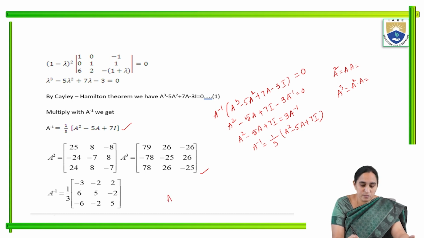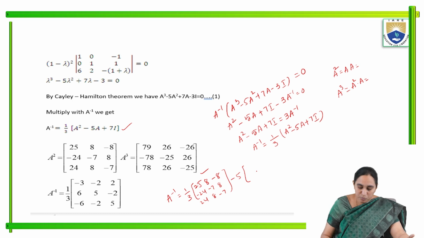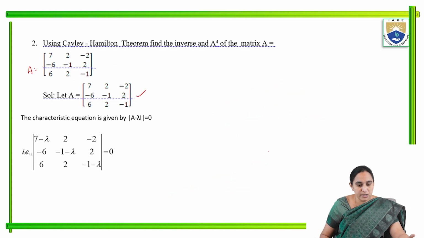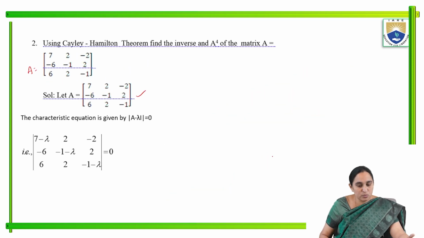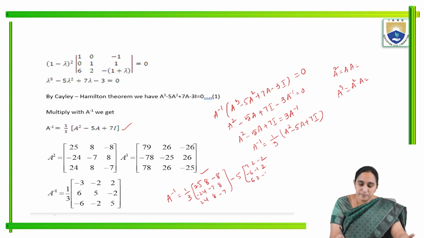That means here A inverse is equal to 1 by 3 into A square, which is 25, 8, minus 8; minus 24, minus 7, 8; 24, 8, minus 7; minus 5 into the A matrix, which is 7, 2, minus 2; minus 6, minus 1, 2; 6, 2, minus 1; plus 7 into 1, 0, 0; 0, 1, 0; 0, 0, 1.